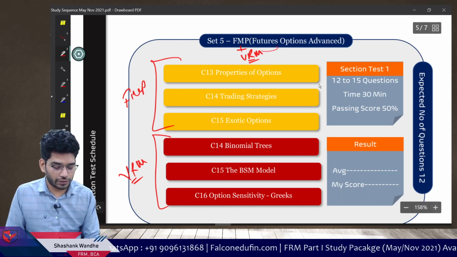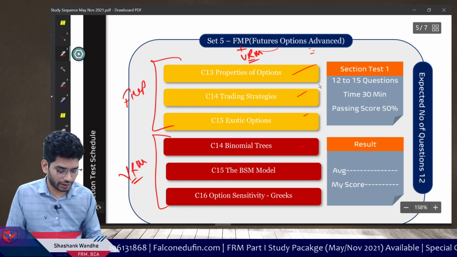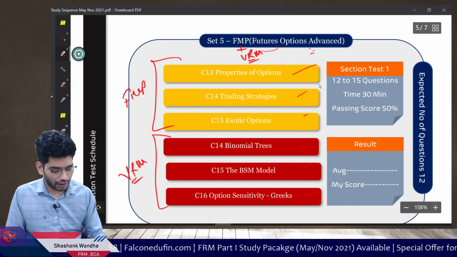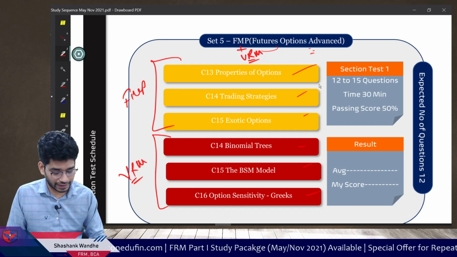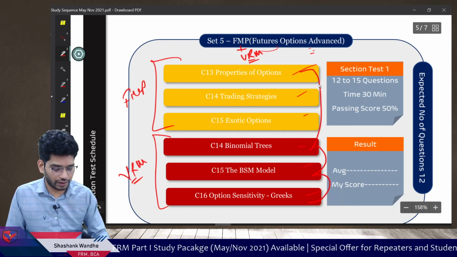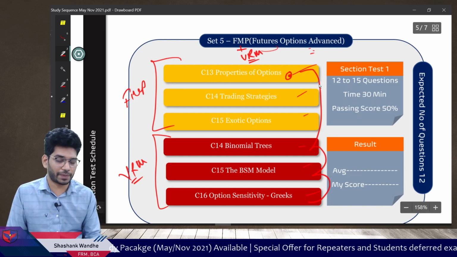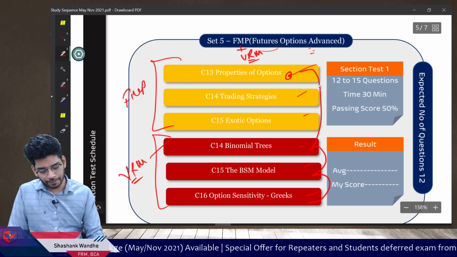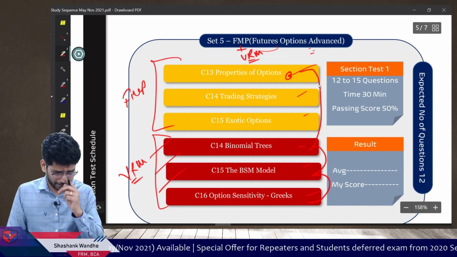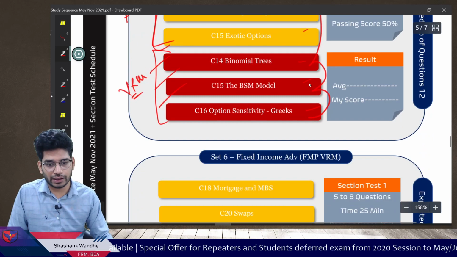That is the futures and options advanced discussion: properties of option, trading strategy, exotic option, then binomial, BSM, and BSM option strategies, Greeks. Now remember, this topic is linked with these 3 topics, so you will need some information on properties of option to understand these 3 topics. And these 2 topics are independent.